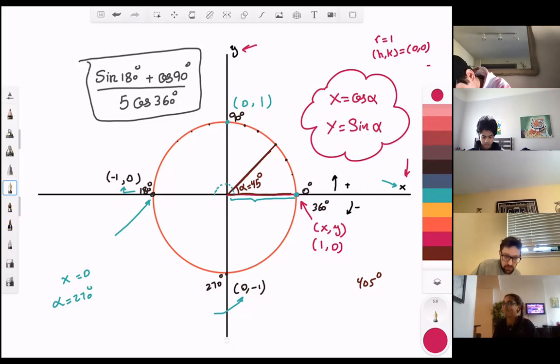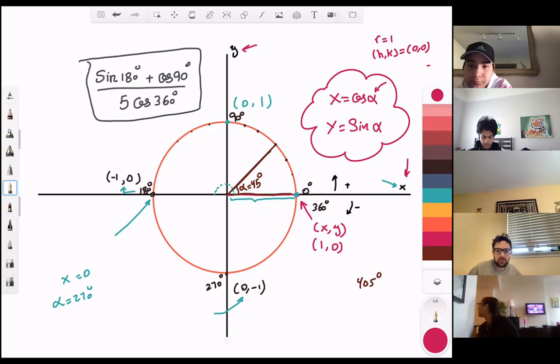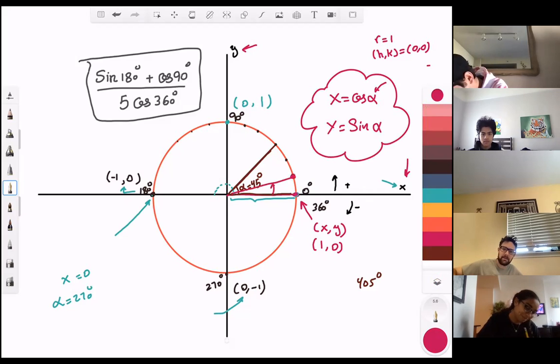You cannot just say x is cosine, y is sine. No, x is cosine of alpha. So x is the value of, for example, this. When you make that much angle, this makes x and y. So x will be cosine of that angle.